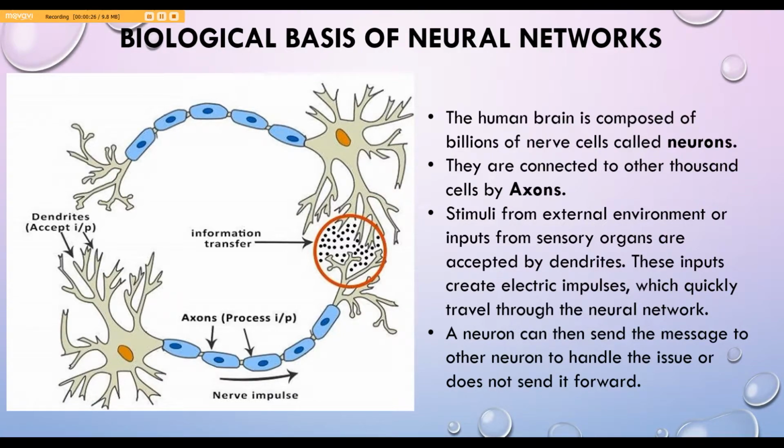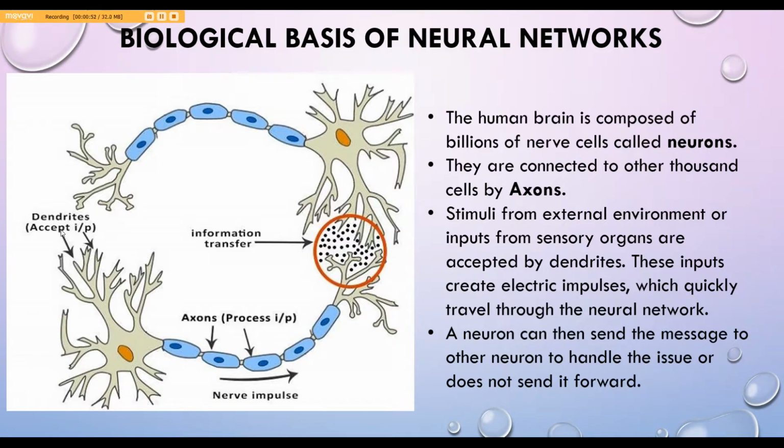The human brain is composed of billions of nerve cells called neurons, and they are connected to thousands of other cells by something known as axons. Stimuli from the external environment or inputs from sensory organs, and that could mean something that we see or receiving an injury, are accepted by dendrites over here.